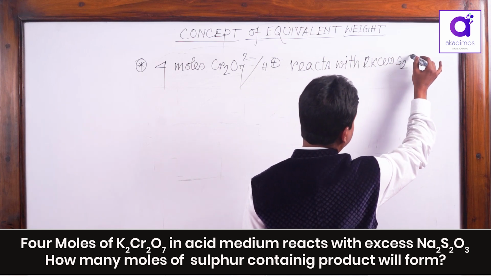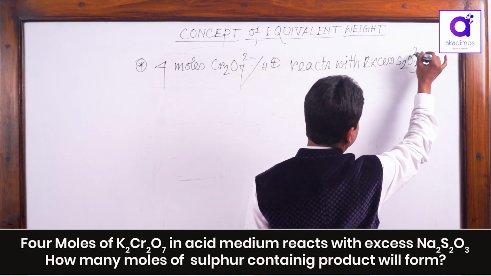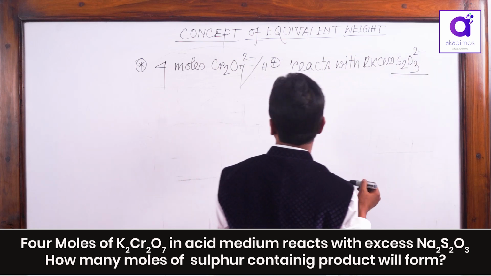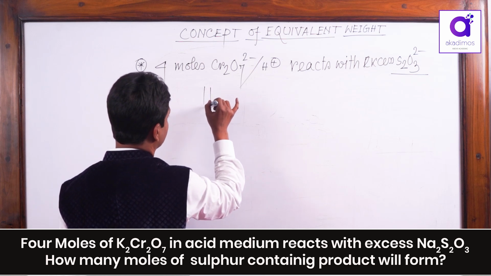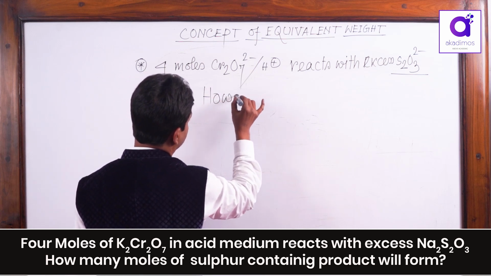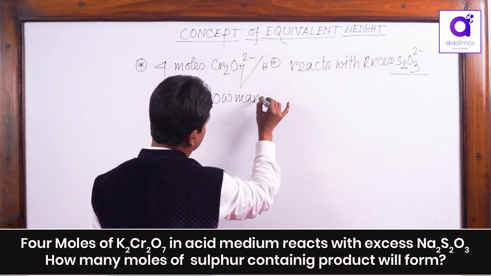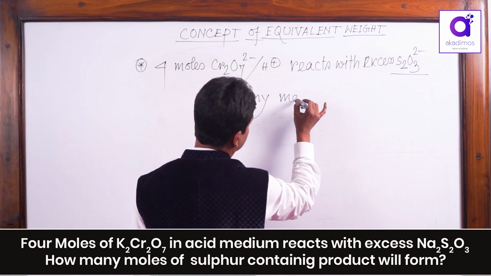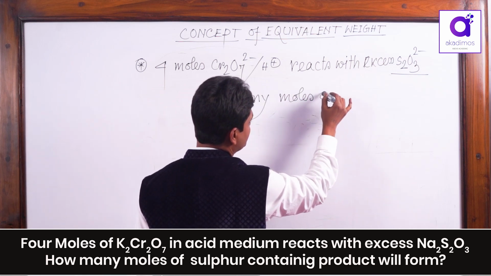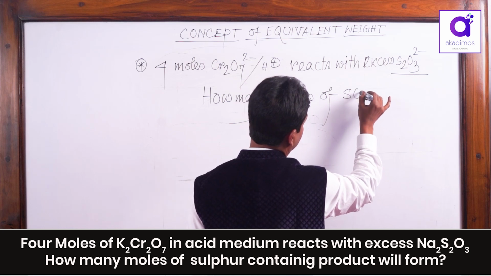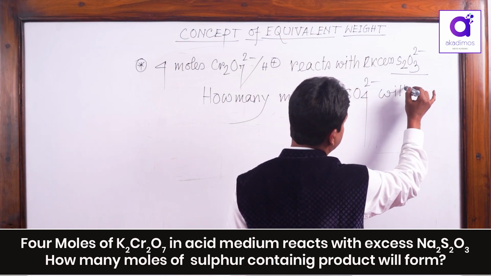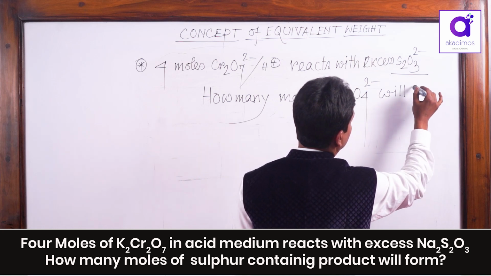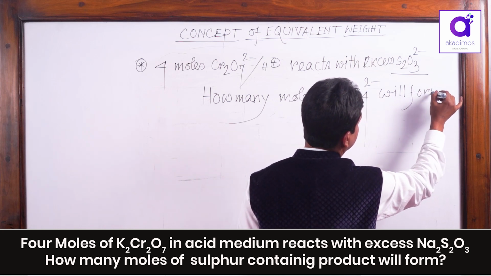I'm writing in ionic form only. Question is, how many moles of sulfate, or sulfur-containing product, will form as product?